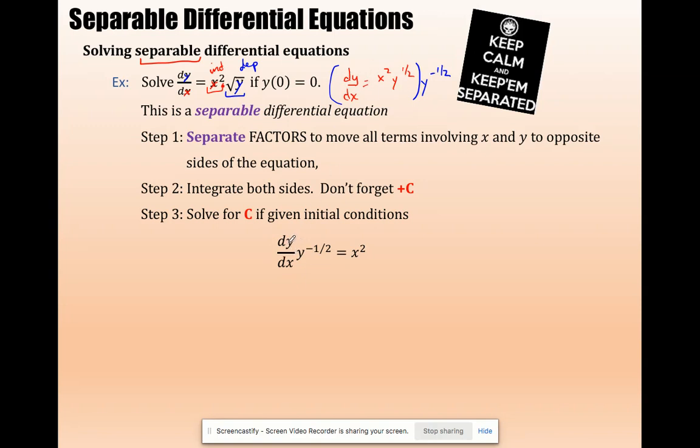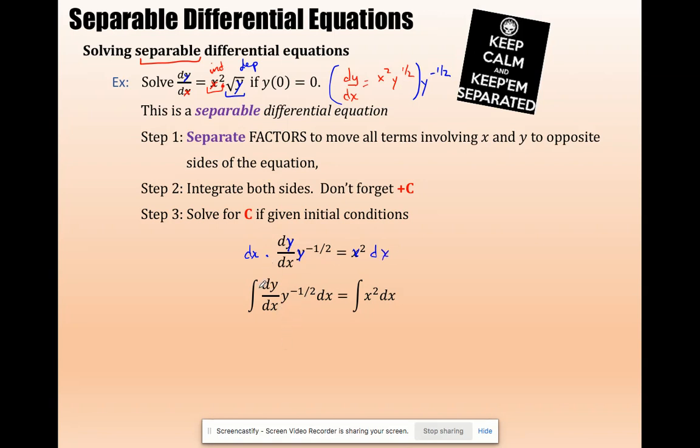So notice here I have the derivative with respect to y, and I have y over on this side. I have x over on this side, but I still have a dx thing here. What are you going to do? You can think of this in two ways. To get rid of this dx, you could say, I'm just going to multiply both sides by dx and then integrate.